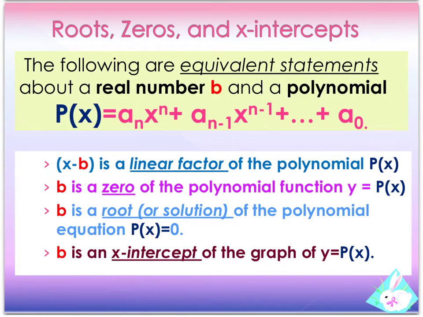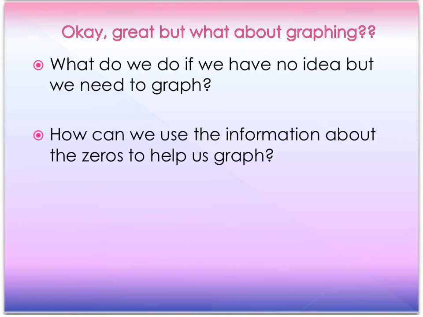So remember the difference between function and equation. Function's y equals, equation is equal to 0. And b is also the x-intercept of the graph, y equals p of x. So we should kind of recall some of this vocabulary. The only thing that might be a little new is looking at x minus b being a linear factor.